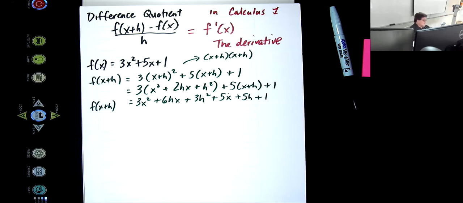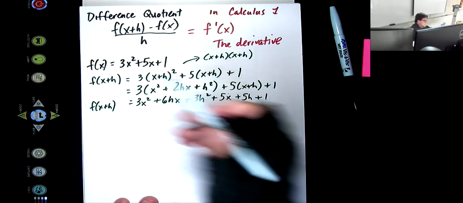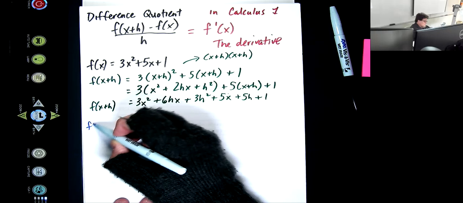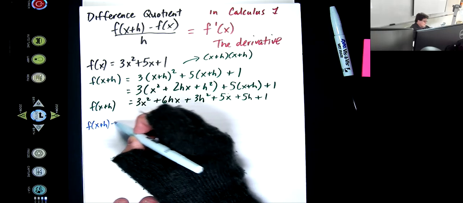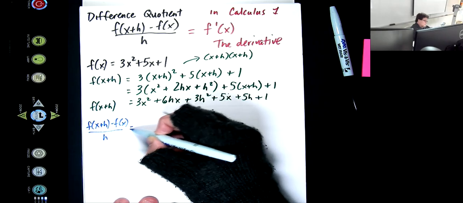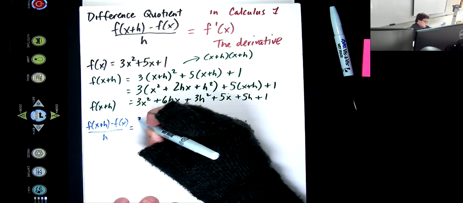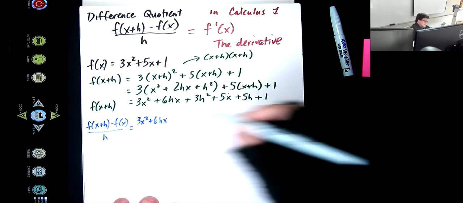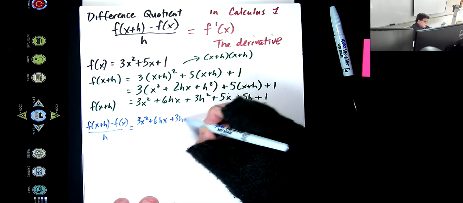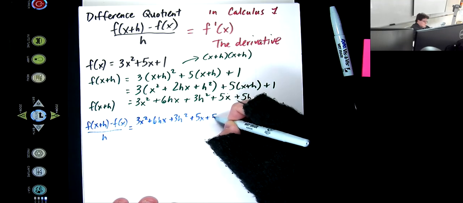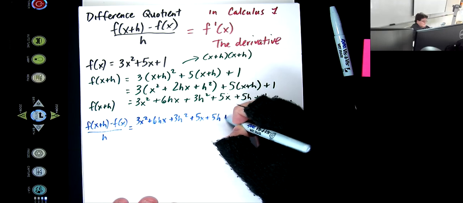Then we take a look, we already have f of x. So now let's put it all together. I've got f of x plus h minus f of x divided by h equals 3x squared plus 6hx plus 3h squared plus 5x plus 5h plus 1.